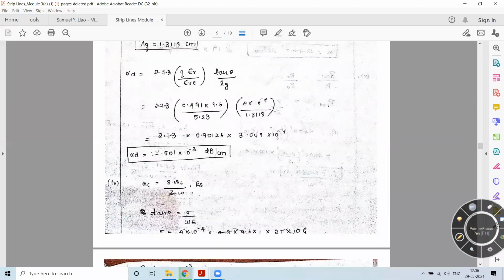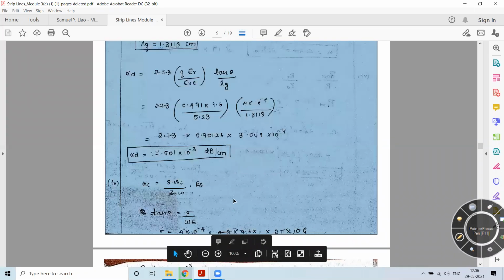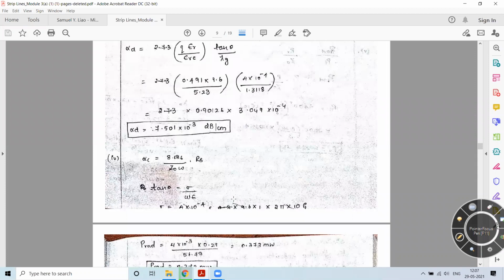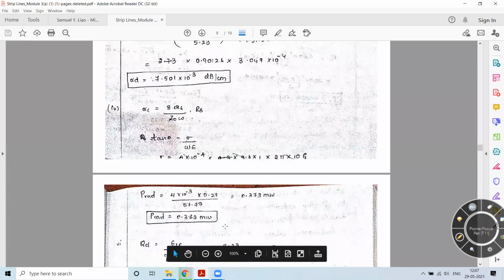Now similarly, alpha c in terms of RS. Let us see what we'll be having. It is 8.686 divided by Z naught into W, where RS is the skin resistance. For skin resistance, you have seen that it is square root of pi into mu into f divided by sigma, or it is 1 divided by delta into sigma, where delta is 1 divided by square root of pi into mu into f into sigma.